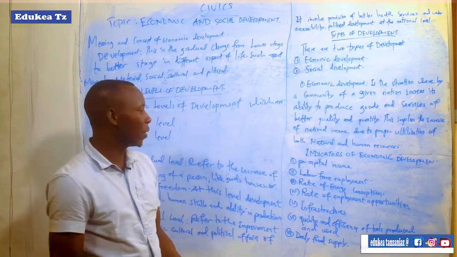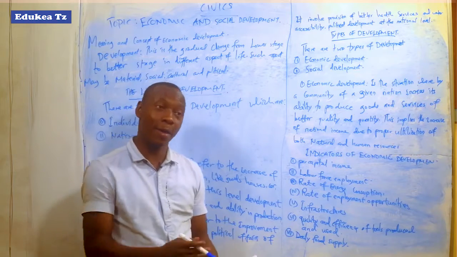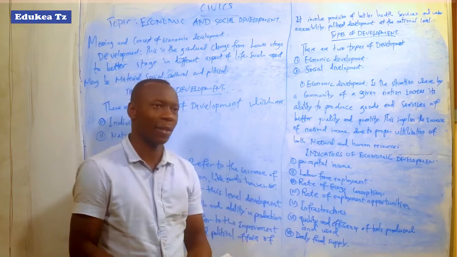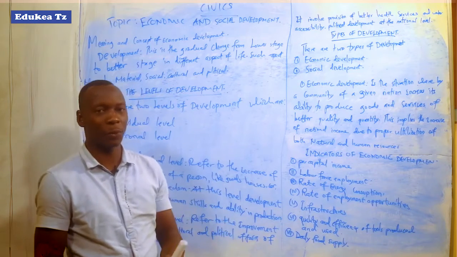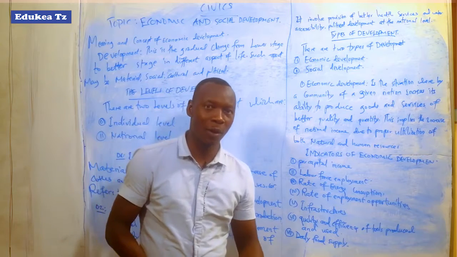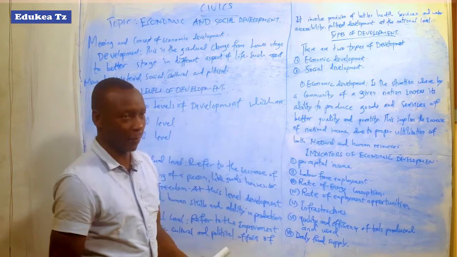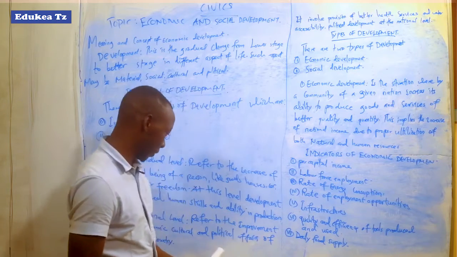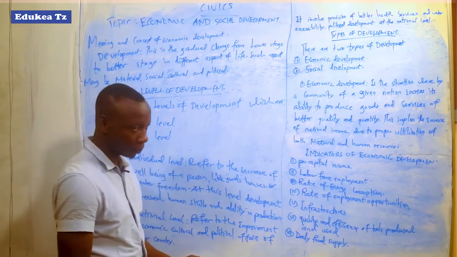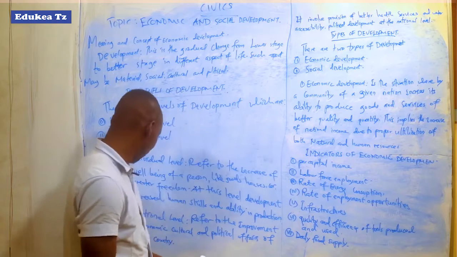When a person uses his or her effort to make a production, and that production gives him things which have value, that will increase the development of a person. That is all about the individual level of development.